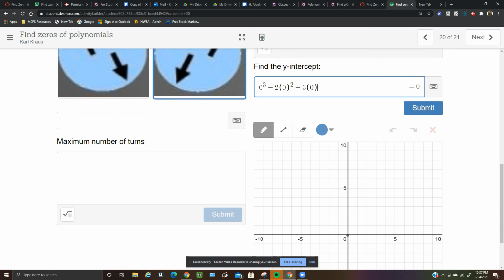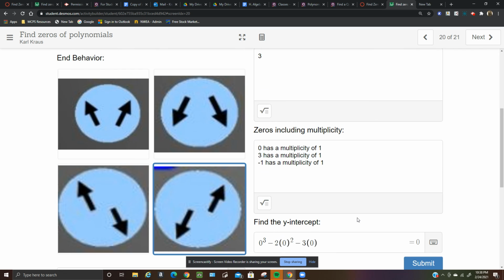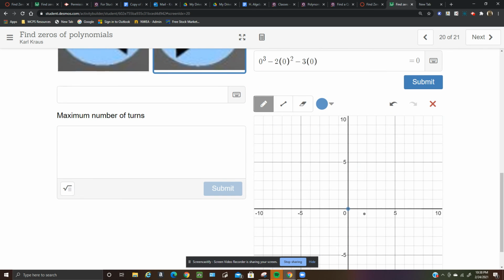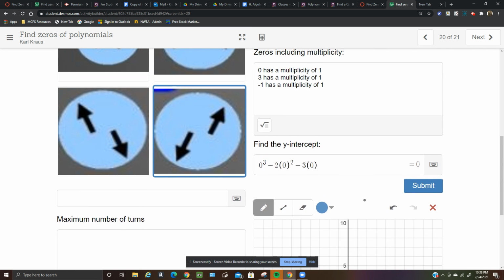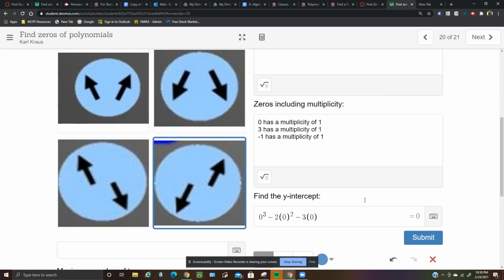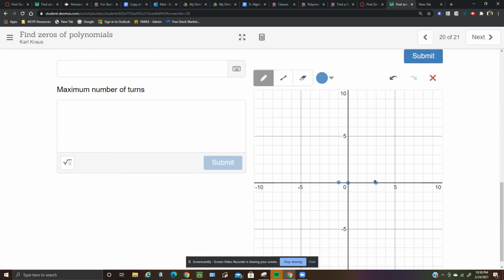So you're going to plot 0, 3, and negative 1. And then the end behavior: this goes up, this goes down.